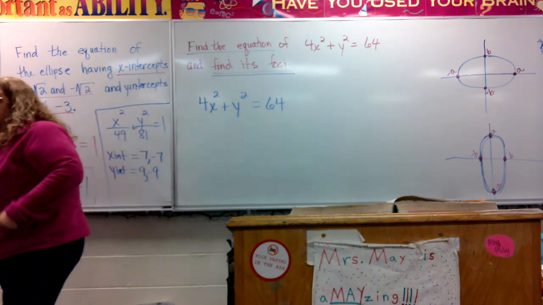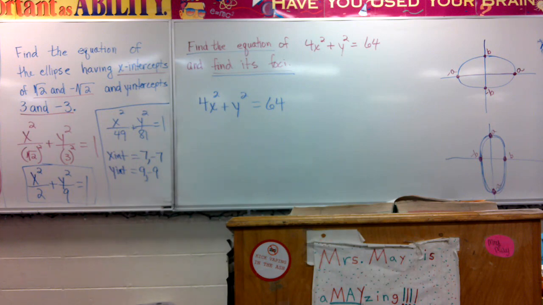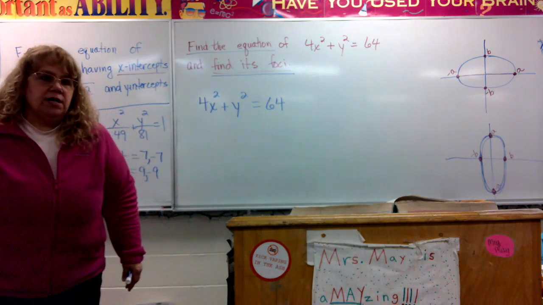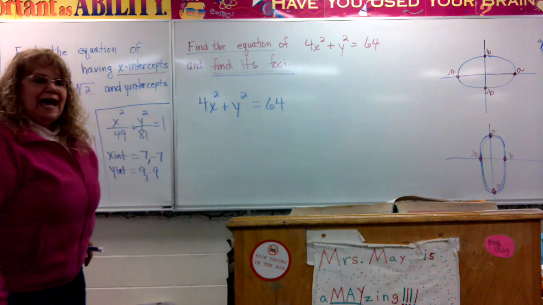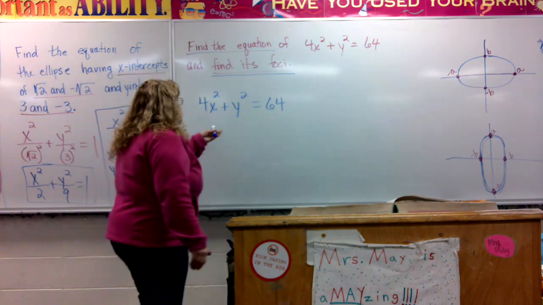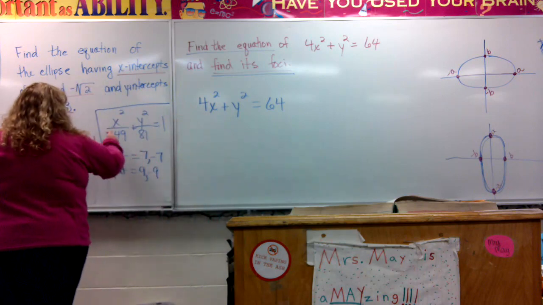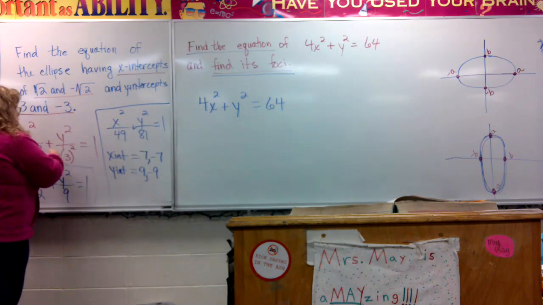Remember, we've done that for circles so far. We completed the square and completed the square again. We just got done doing it for parabolas. Remember, you completed the square and you moved some stuff over, you divided. Remember? Well, now we're going to get this equation to somehow look like one of these.